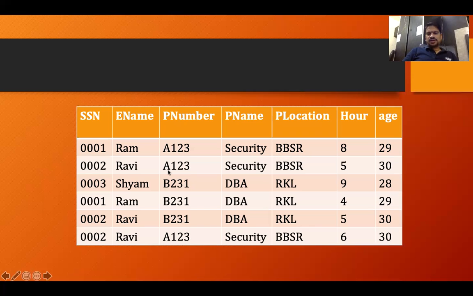Then again project number 123 is security and BBSR. Project number B231 is DBA, RKL, and again B231 is DBA, RKL. Yes, we can say that project number determines project name as well as project location.